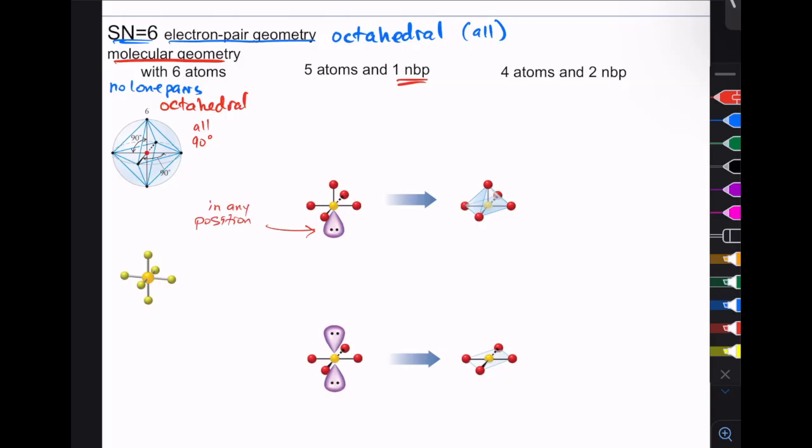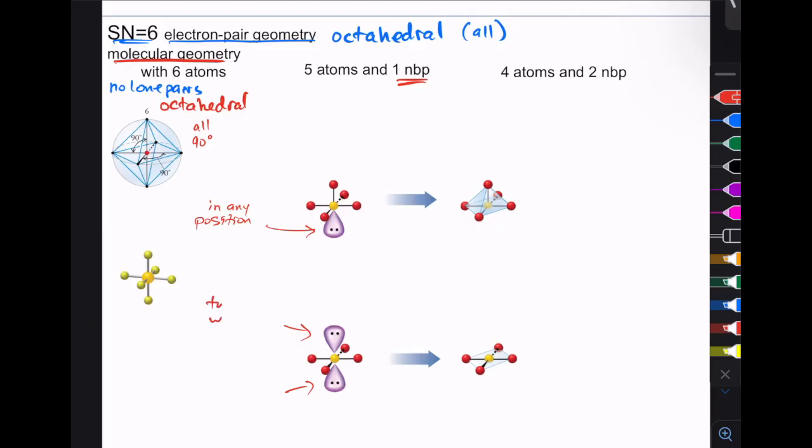But if you have a second lone pair, the second lone pair will always go on the opposite side from the first lone pair, because that gives the molecule the most stable arrangement of the 2 lone pairs in the context of the other 4 bonding pairs.